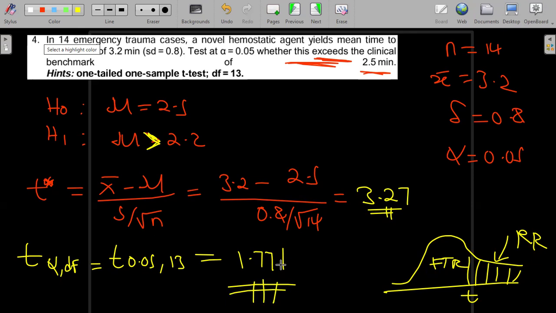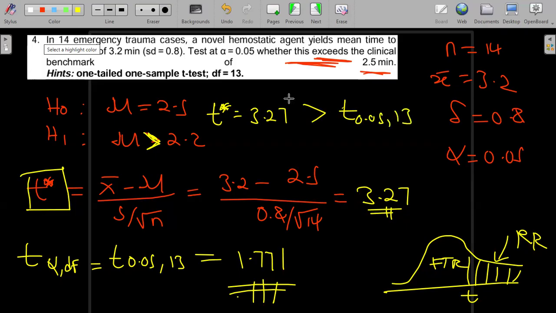Now we compare the critical value to the test statistic. We see that the test statistic 3.27 is greater than the critical value. So what does that mean?